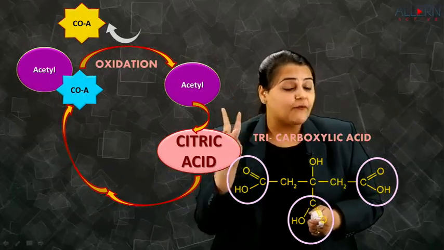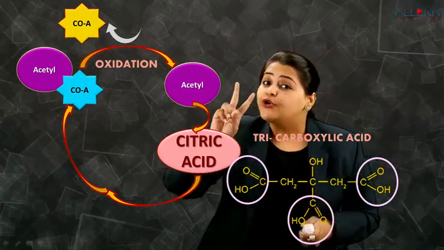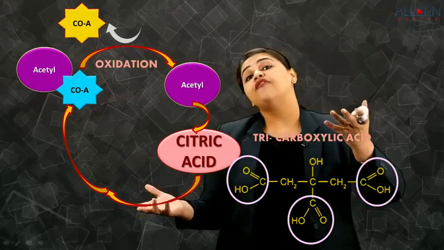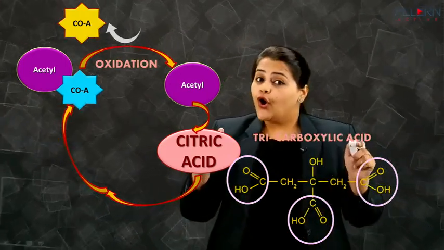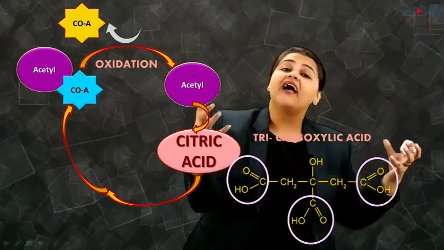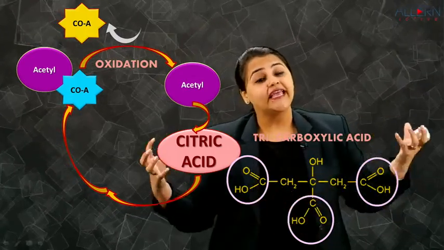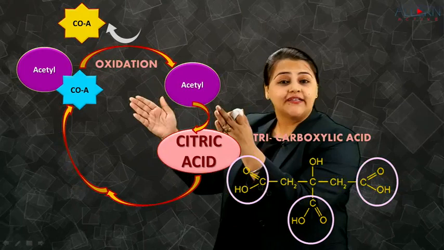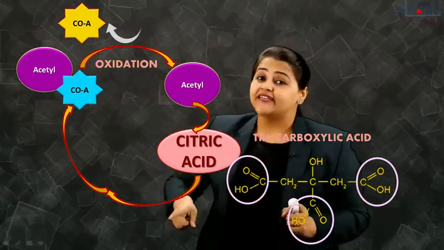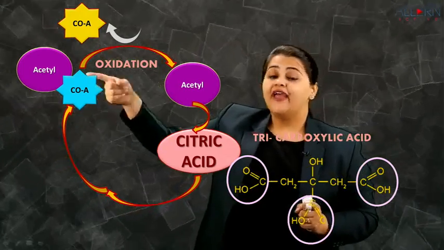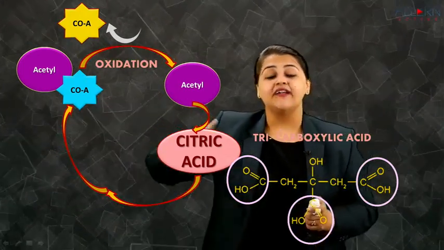Acetyl was a 2-carbon molecule, so where did the other 4 carbons come from? They came from another compound which combines with acetyl to form citric acid, and then they undergo breakdown to again form acetyl. And that's where the cycle continues.